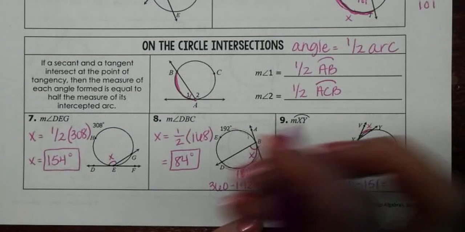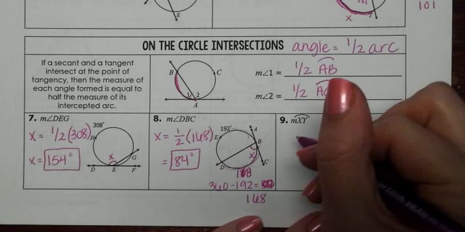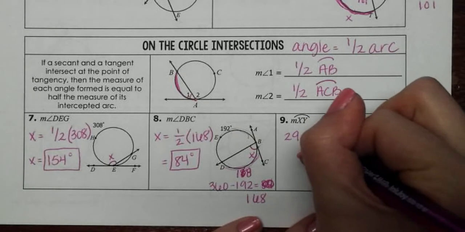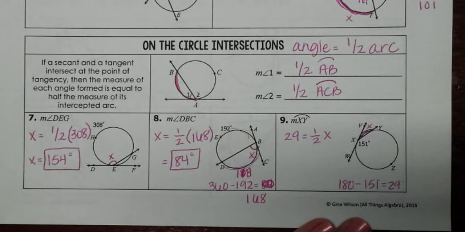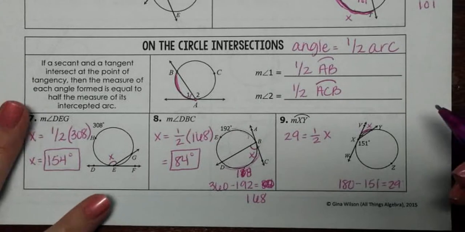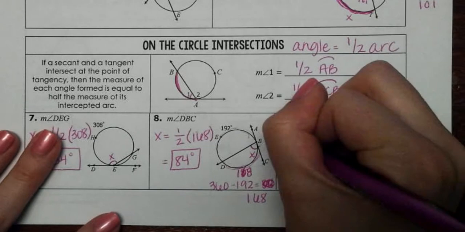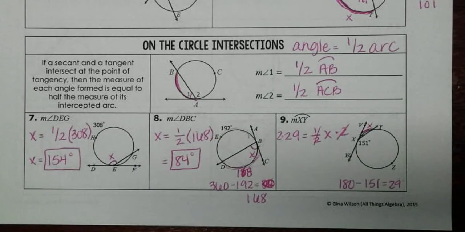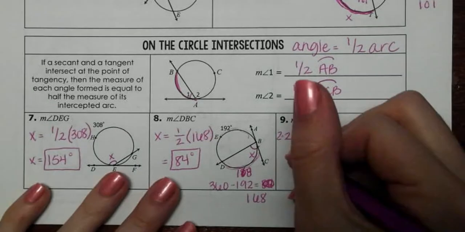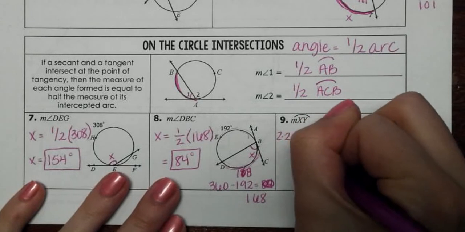That would leave me with 29 degrees. That's the angle I need to find half of the arc, so I would multiply by 2. So 2 times 29 is 58. So the arc is 58 degrees.